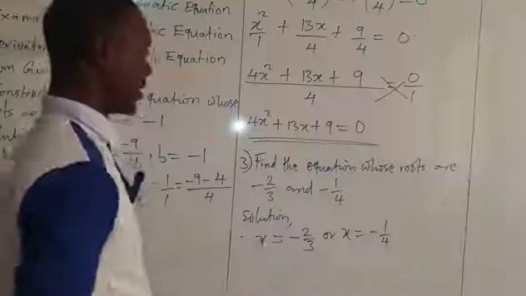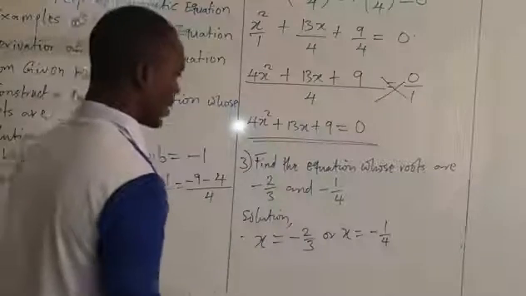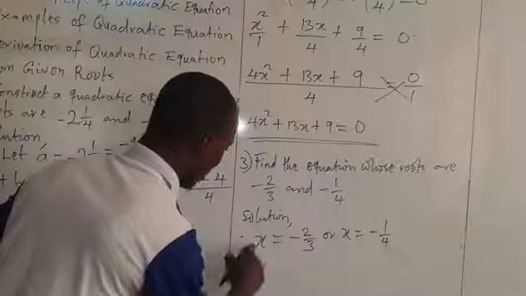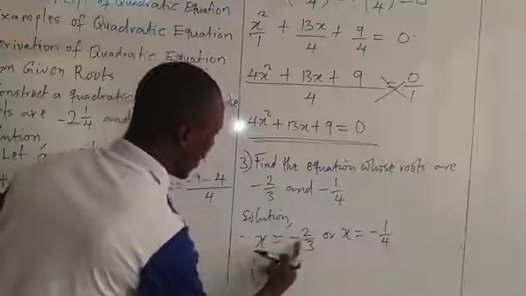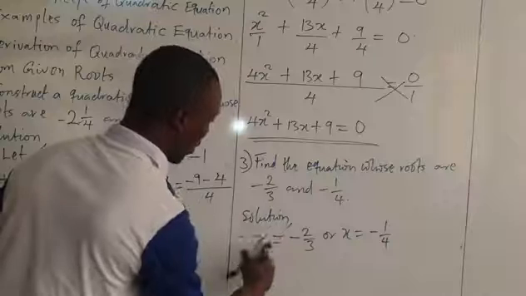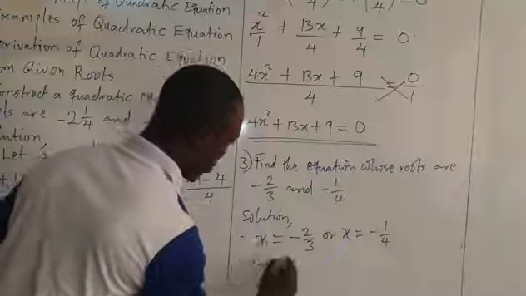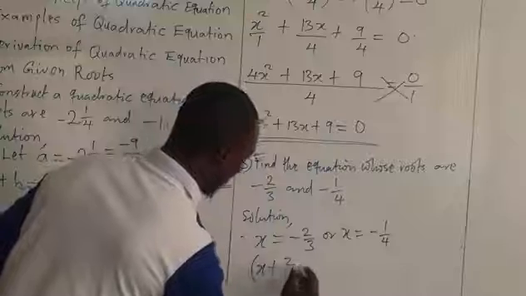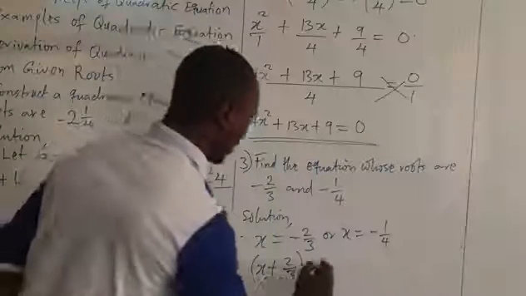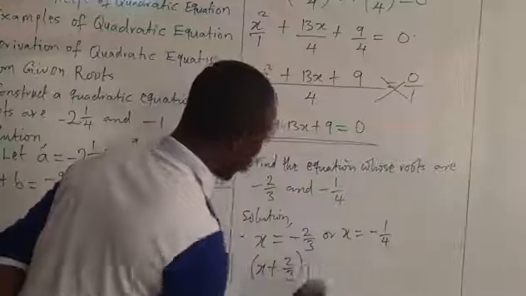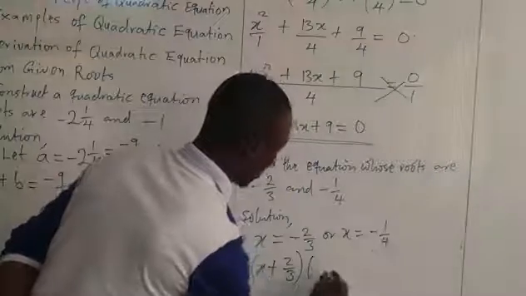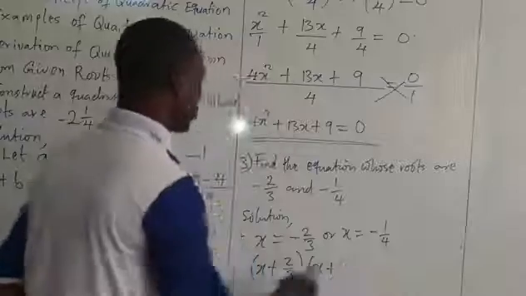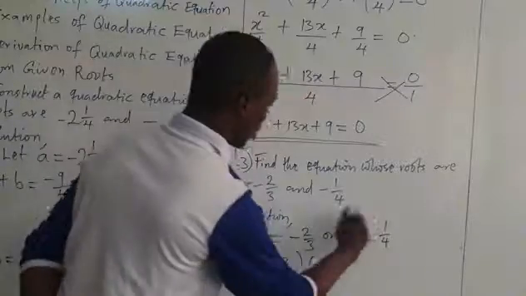Then we now write the factors of this and the product. So it will now be x. You take the x, then you transfer minus 2 over 3 to this side. So the minus here will change to plus. So plus 2 over 3, close the bracket. Then the second solution, which is x, the minus also changes to plus. Assuming it is plus, it will change to minus.